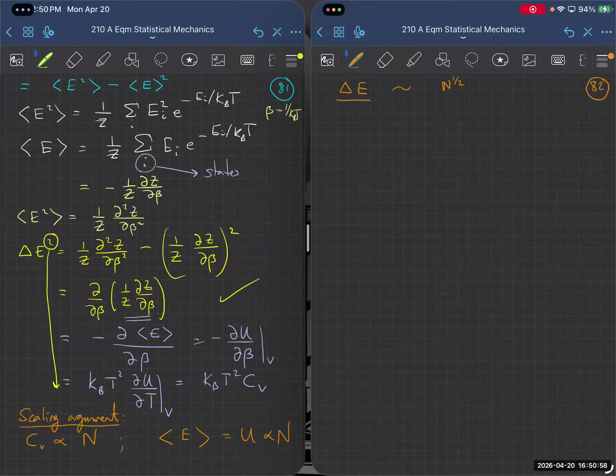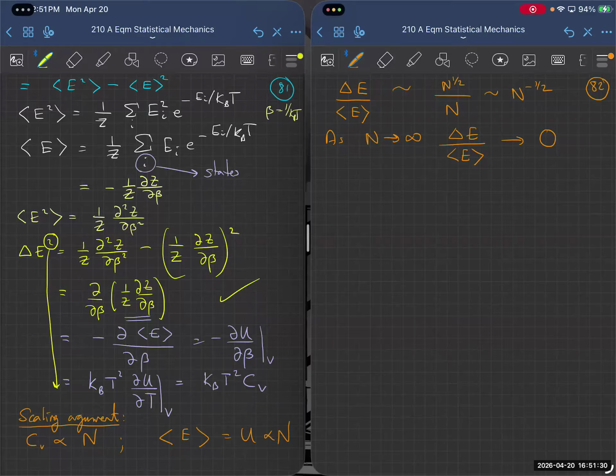If I divide that by the average energy, that's now a dimensionless quantity. That's going to go like N to the half over N, which goes as N to the minus 1/2. So as N goes to infinity, delta E over the mean value goes to 0, as 1 over the square root of N.